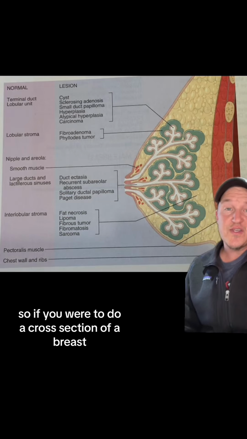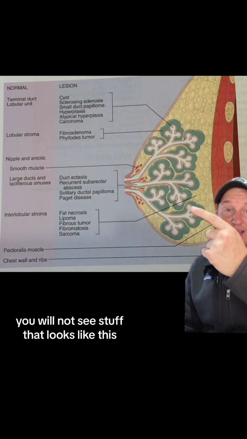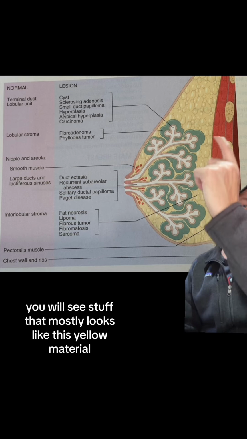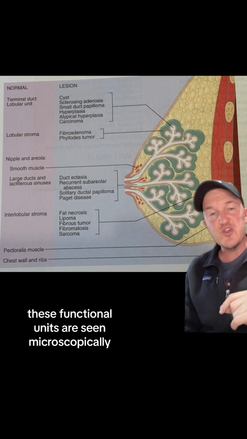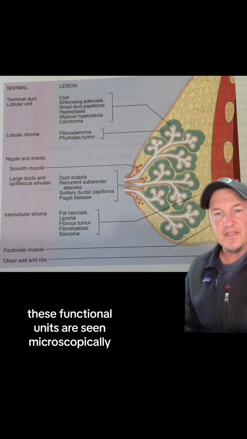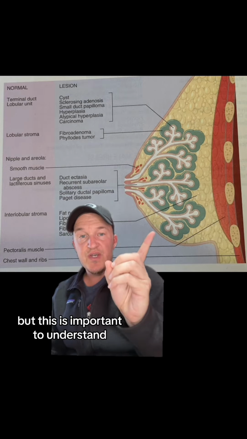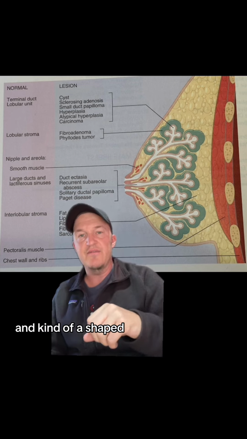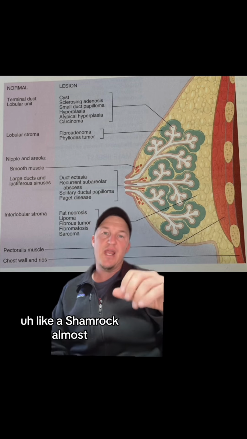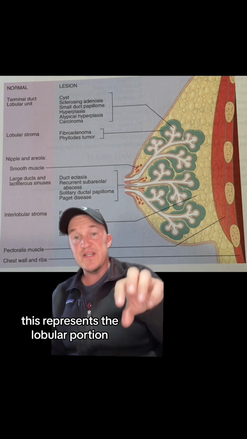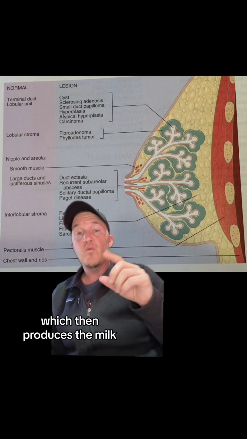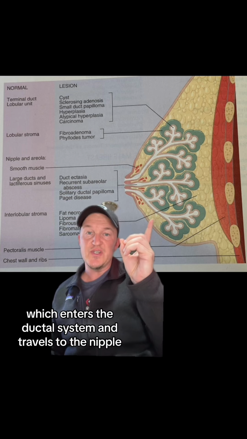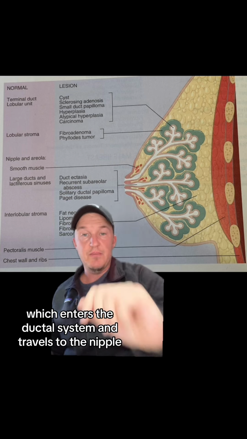So if you were to do a cross-section of a breast, you will not see stuff that looks like this. You will see stuff that mostly looks like this yellow material. These functional units are seen microscopically. But it is important to understand that these areas at the end, which are kind of greenish and shaped like a shamrock almost, represent the lobular portion, which then produces the milk, which enters the ductal system and travels to the nipple.